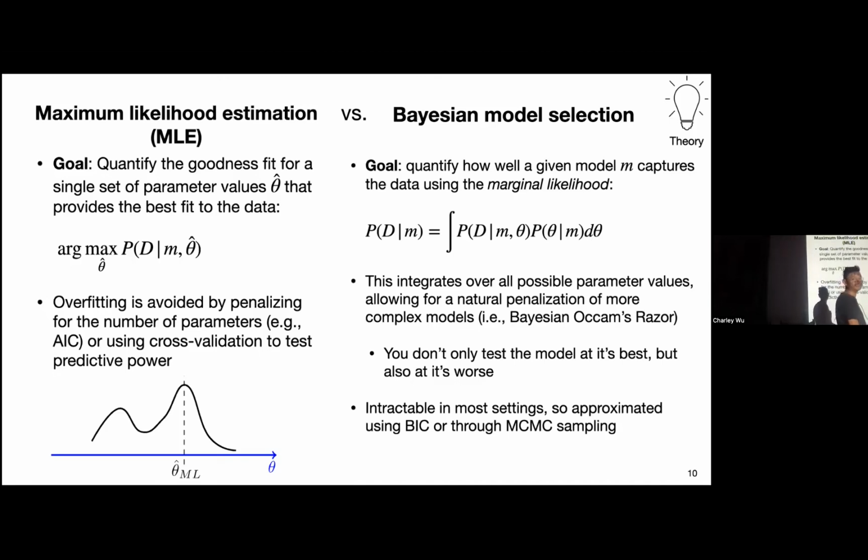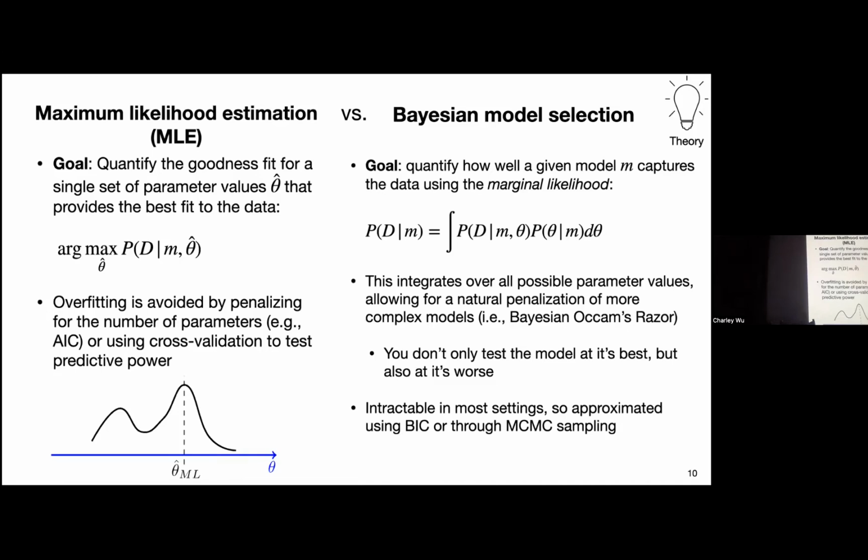Okay. Now, in Bayesian model selection, the goal is to capture how well a given model captures the data using the marginal likelihood, which is across all possible parameter values of that model. Okay, so the likelihood here is called the marginal likelihood. We've integrated out the parameters.